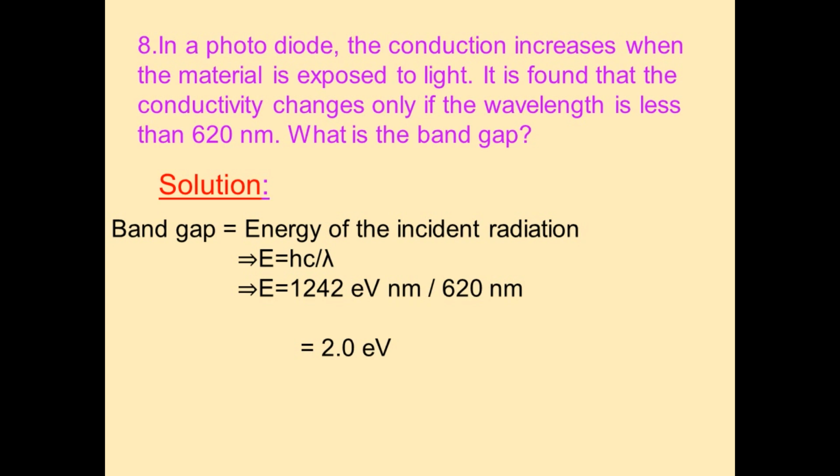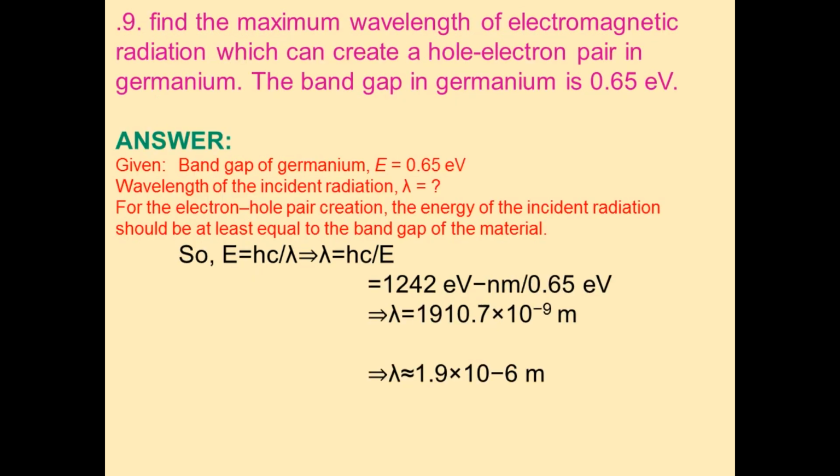Ninth problem, find the maximum wavelength of electromagnetic radiation which can create a hole electron pair in germanium semiconductor. The band gap in germanium is 0.65 electron volt. Band gap is given, energy is given in electron volt and hc by lambda.